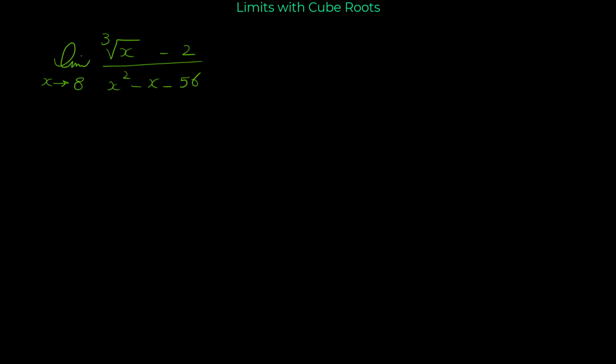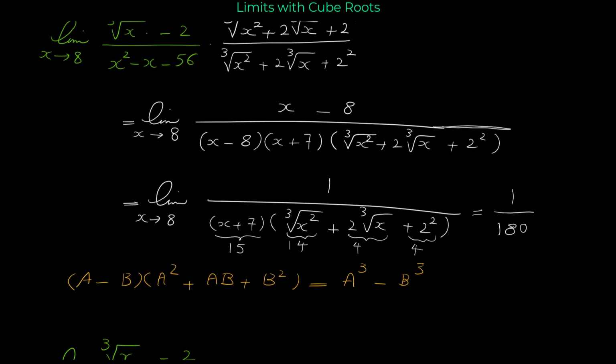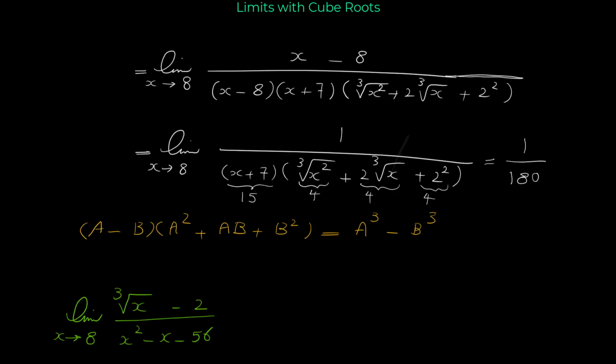Here again, what is the challenge that we have in this question? The cube root of x. In the previous method, to get rid of the cube root, we multiplied numerator and denominator by this, and we could get rid of the cube root.